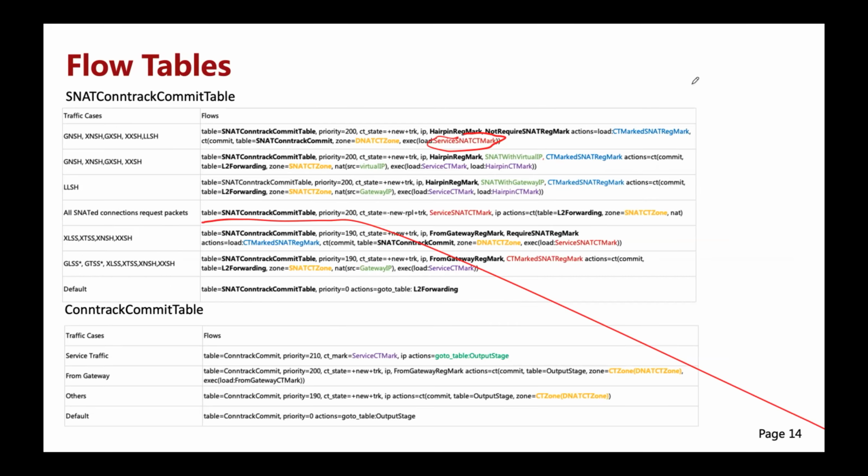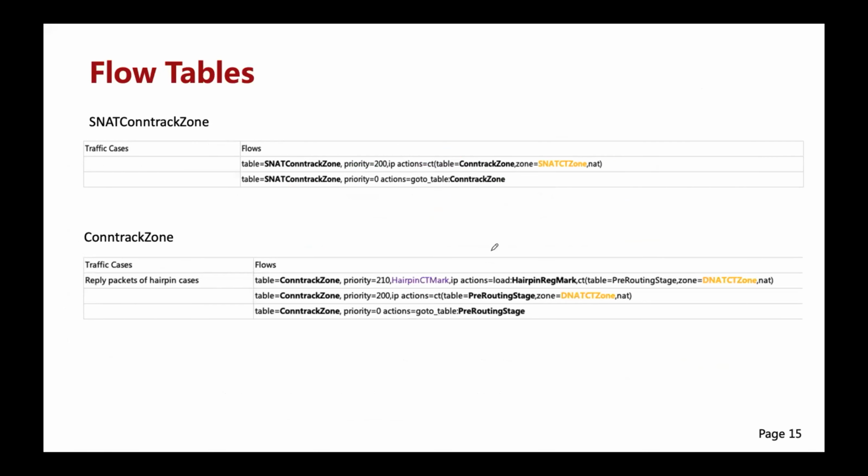Another CTMark is this one. How to handle the reply packets of hairpin connections. For reply packets of hairpin cases, the hairpin CTMark is set in the SNAT conntrack zone.